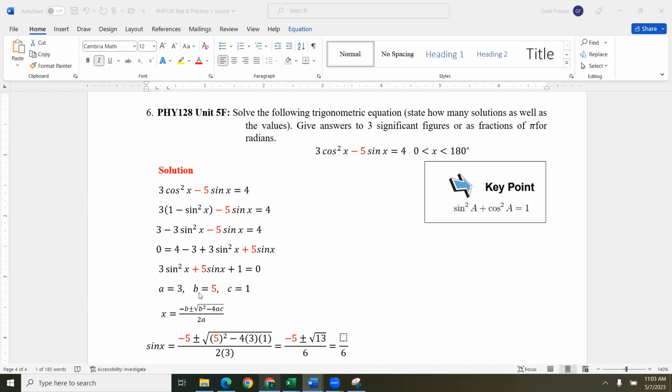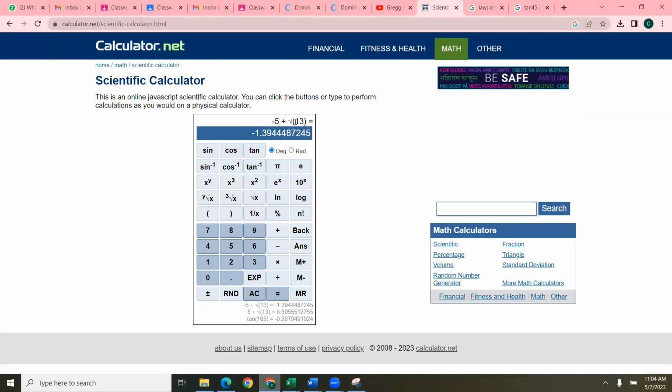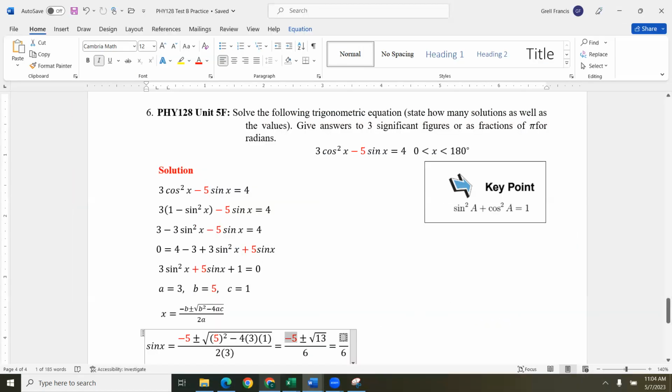And then when we substitute a plus 5 into this quadratic formula, we have a negative 5, and then we go negative 5 plus root 13. That will give us negative 1.394. And we have to divide this by 6.